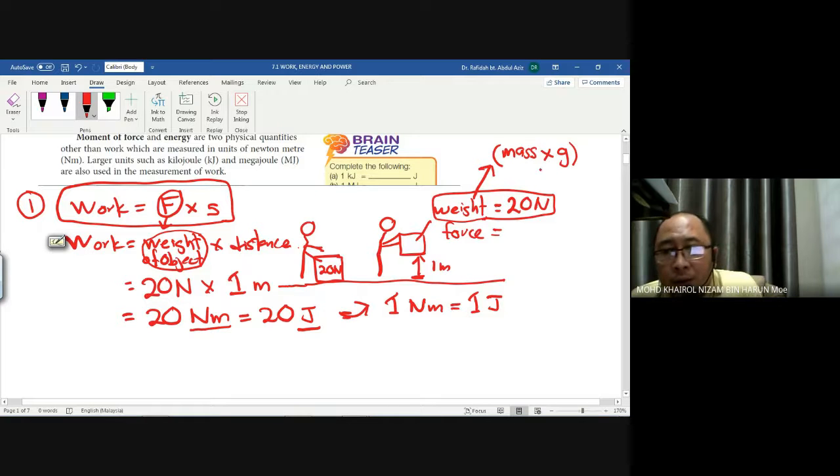Now, the mass of this object is exactly 2 kilogram.